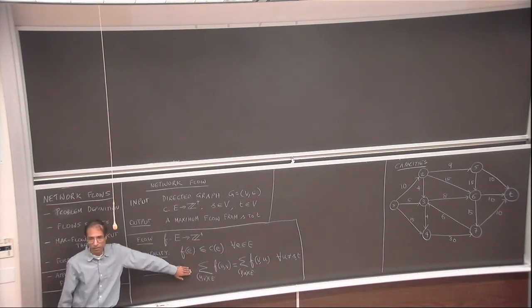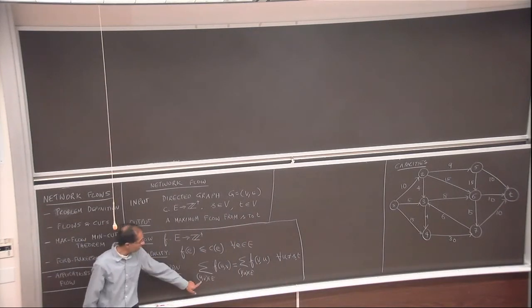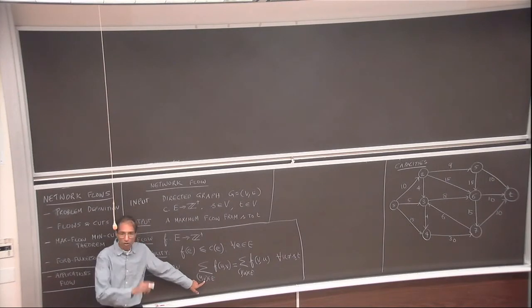Is that statement clear? I'm adding over all edges going from U to V for all V.